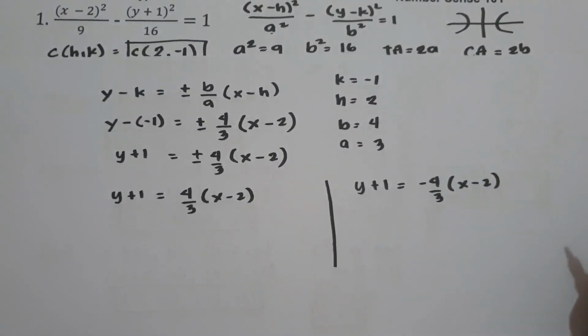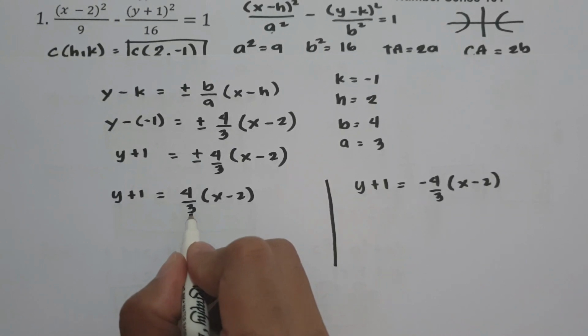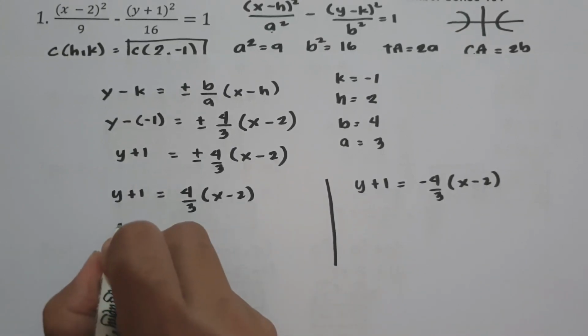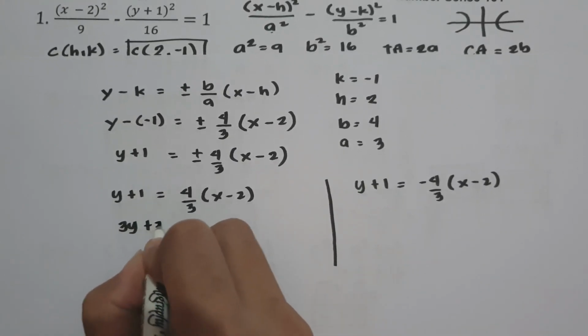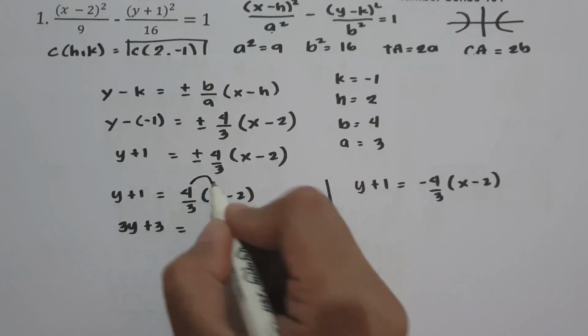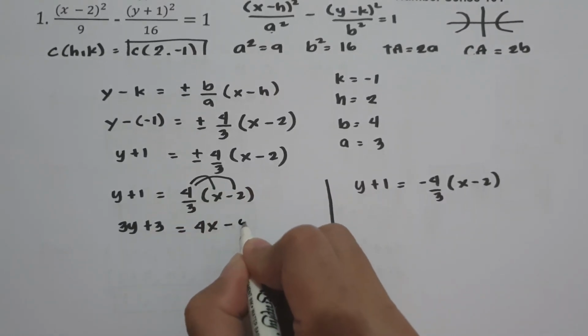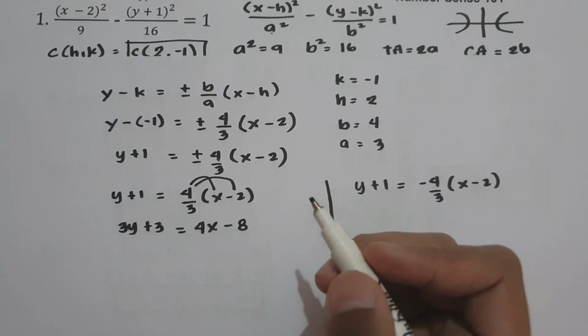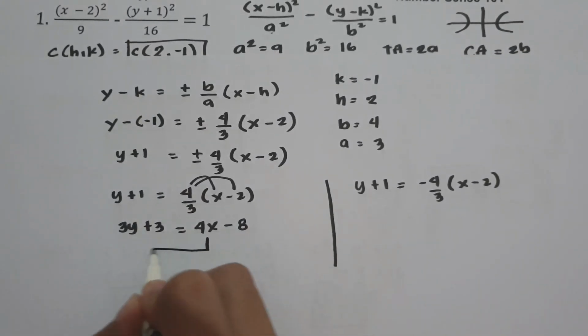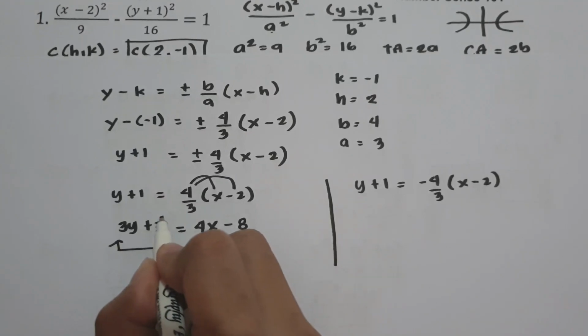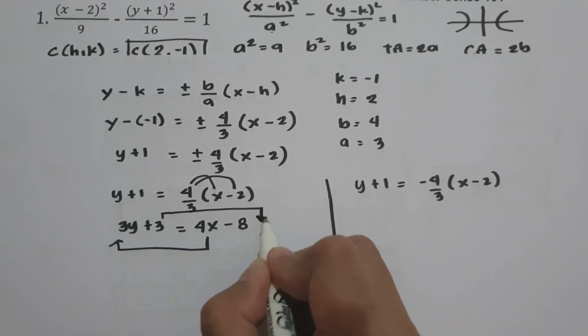So let's simplify. Let us multiply 3 times y plus 1, that is 3y plus 3 equals 4 times x is 4x. And 4 multiplied by negative 2, that is negative 8. So let us move 4x on the other side of equation, and let us move 3 on the other side of equation.